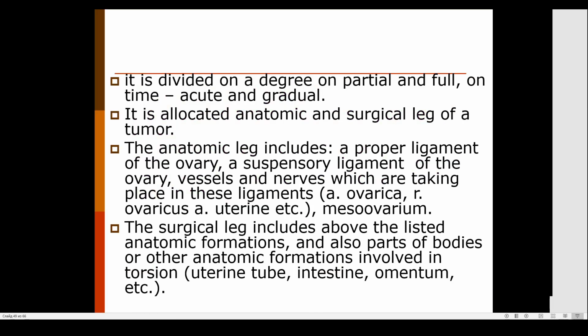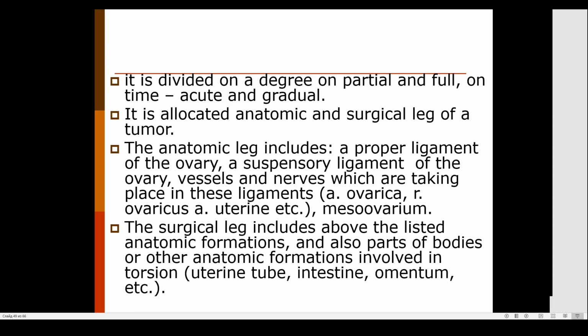It is divided by degree into partial and complete, or full, torsion. By time, it is acute and gradual. An anatomic and a surgical leg, or peduncle, of the tumor are distinguished. The anatomic peduncle includes the proper ligament of the ovary, the suspensory ligament of the ovary, and the vessels and nerves passing in these ligaments: the ovarian artery, the ovarian branch of the uterine artery, and the mesovarium.